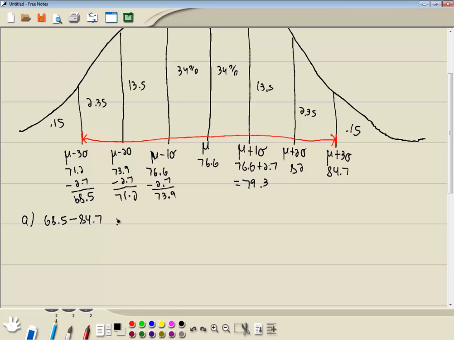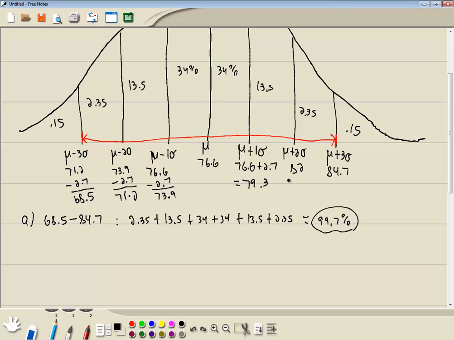So we're going to have 2.35 plus 13.5 plus 34 plus 34 plus 13.5 plus 2.35. And that's 99.7%.